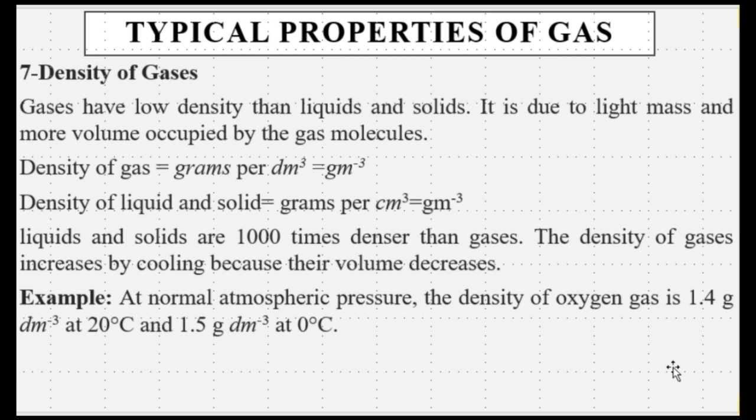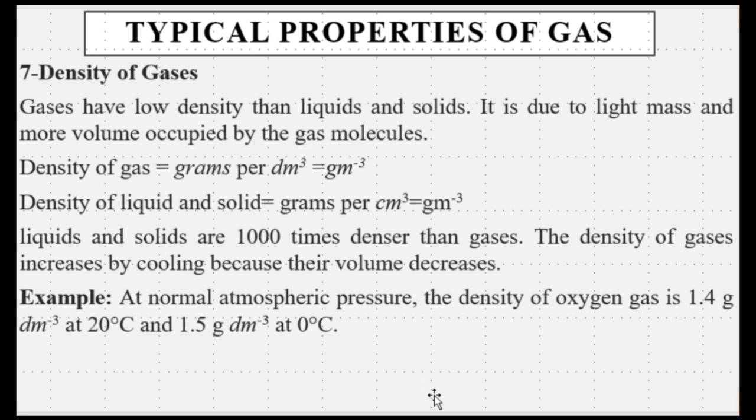So the density of a gas is represented in gram per decimeter cube, and furthermore, the density of liquids and solids is represented in gram per centimeter cube. So liquids and solids are 1000 times denser than gases. The density of gases increases by cooling because their volume decreases.